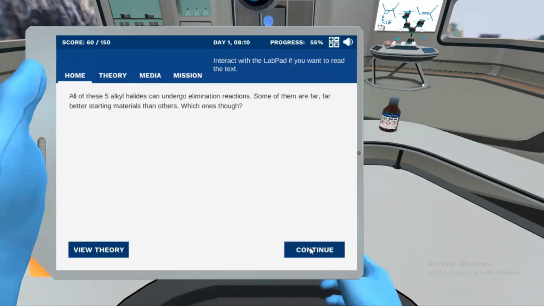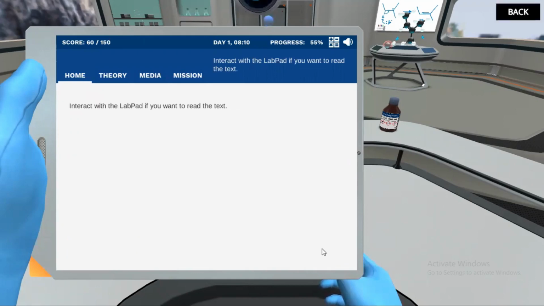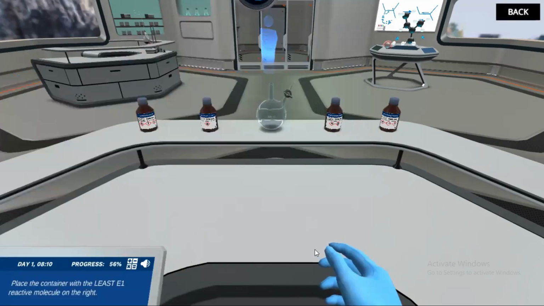All of these 5 alkyl halides can undergo elimination reactions. Some of them are far better starting materials than others. Which ones, though? Place the container with the least E1 reactive molecule on the right.